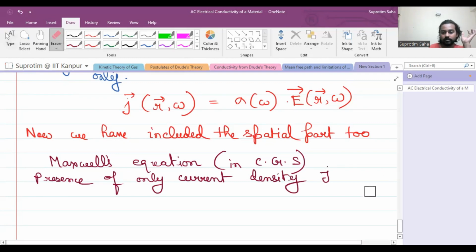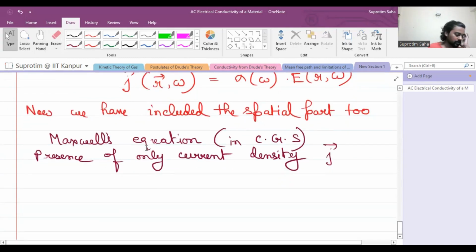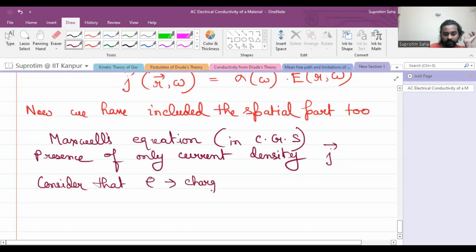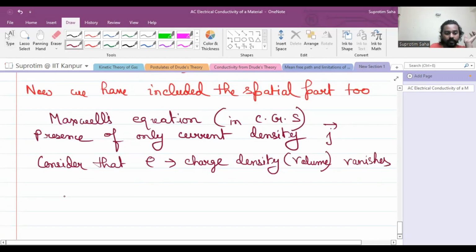So consider that rho, the volume charge density, vanishes. So in Gauss's law, divergence of E is 0.